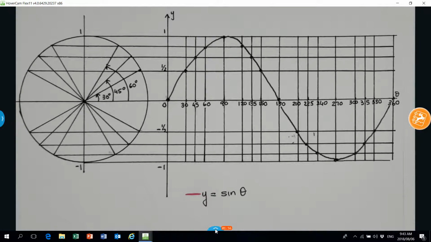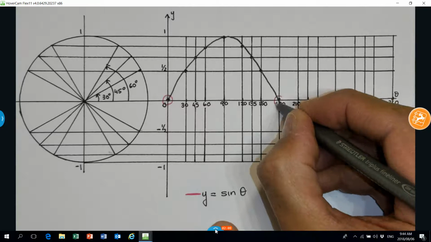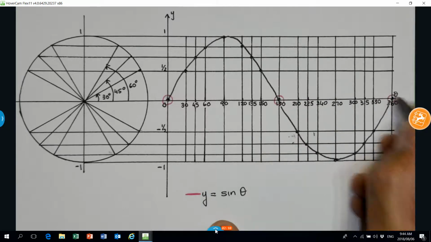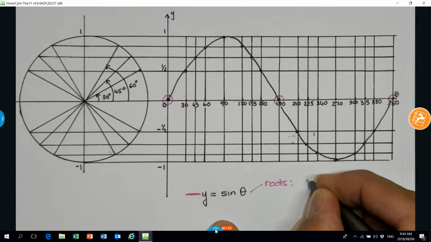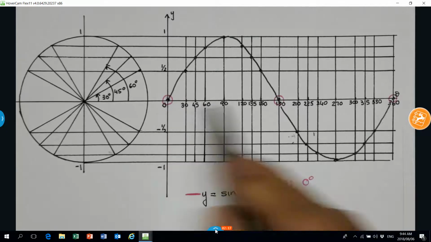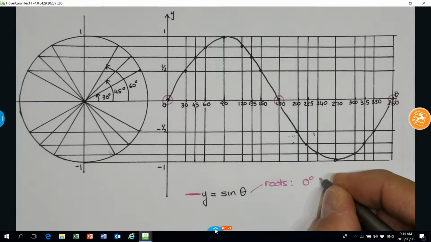Now, remembering things about this curve is very important, because you're going to understand the rest of the curves from a transformation perspective. So we know it's grounded, or the roots are at 0, 180 and 360. So these are the roots of the curve. And remember, I'm only sketching from 0 to 360. It continues in that fashion in the negative direction.